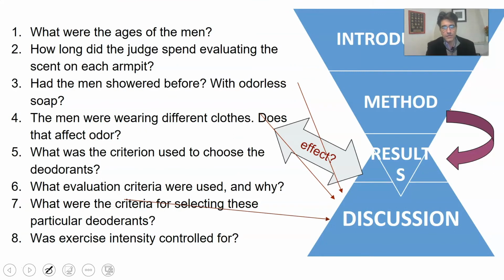And so all of those things are interconnected. The results section is connected back to the method section in the sense that the method obviously gives you your results, and the effects that all of these variables could have on the results need to be taken into account and need to be discussed here.